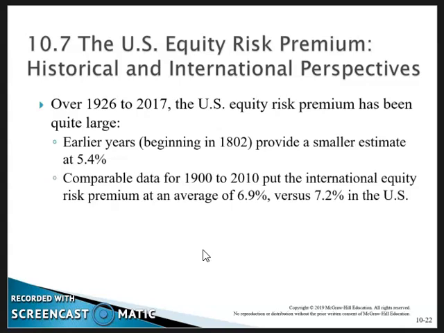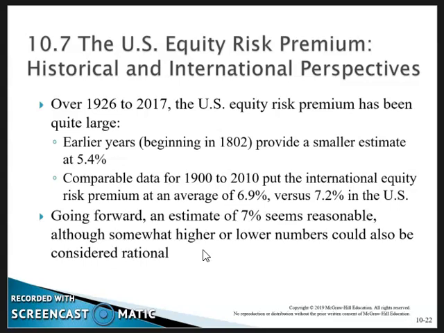From 1900 to 2010, the international equity risk premium was 6.9% versus 7.2% for the U.S. Going forward, the book seems to think that 7% seems to be reasonable, although somewhat higher or lower numbers could be considered rational as well.